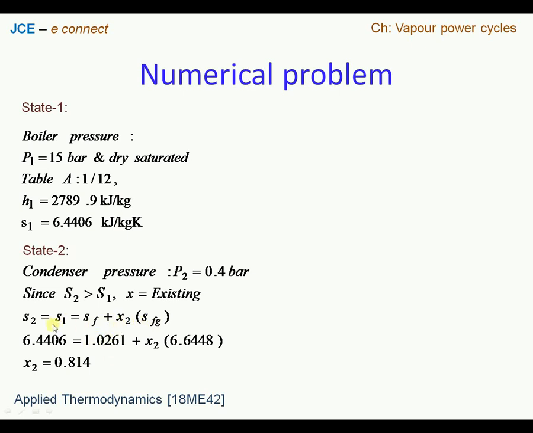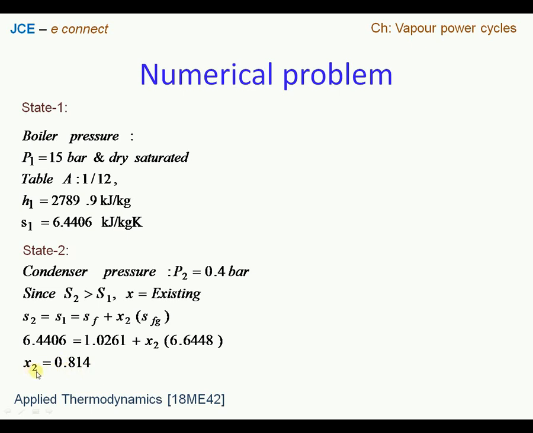So from state point number 1, we replace S2 with S1. We got 6.446 from above, which equals, referring to the data table at 0.4 bar, SF value 1.0261, plus X2, which is unknown, times SFG from the data table at 0.4 bar. So here we get the dryness fraction as 81.4%.